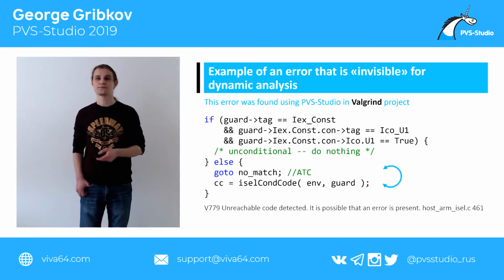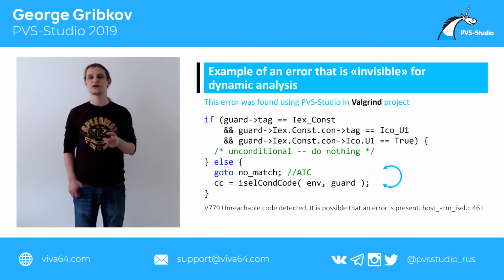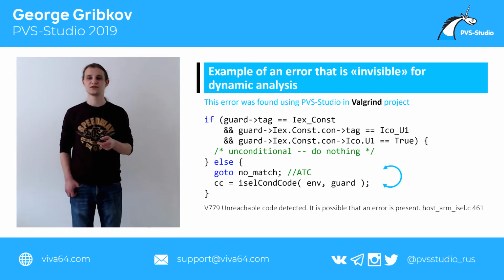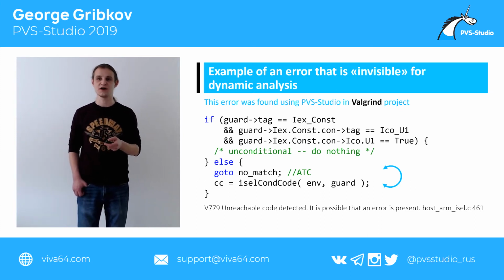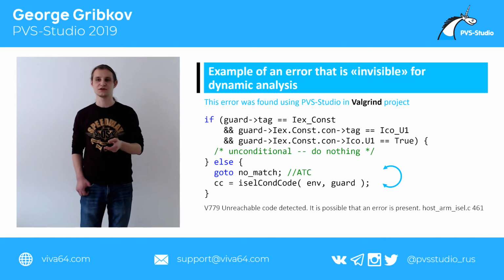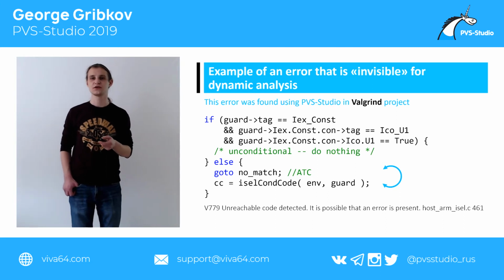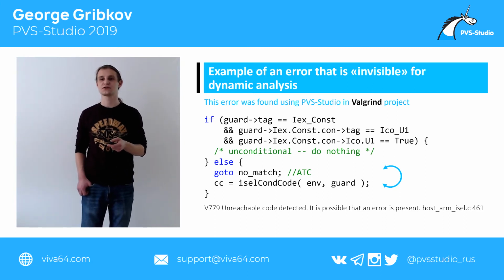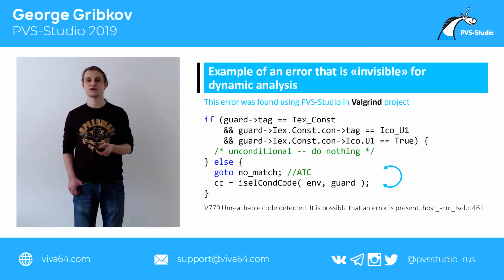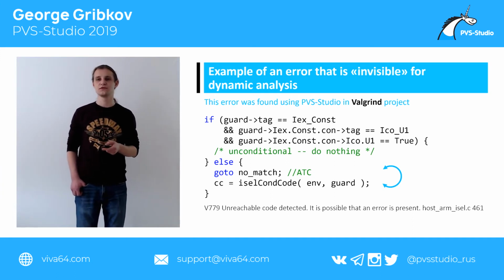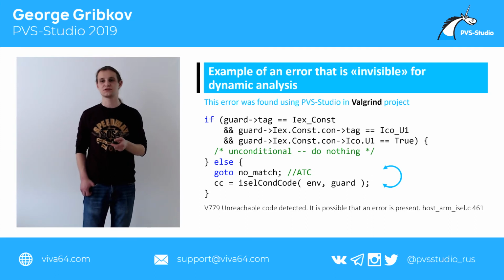Just to clarify, look at an example of an error that is invisible to dynamic analysis. By the way, it's funny that we found it in a tool like Valgrind. They mixed up the last two lines, that is, goto occurs first and only then a function call, which in fact, of course, is never called. So here, from the point of view of dynamic analysis, there is no mistake.